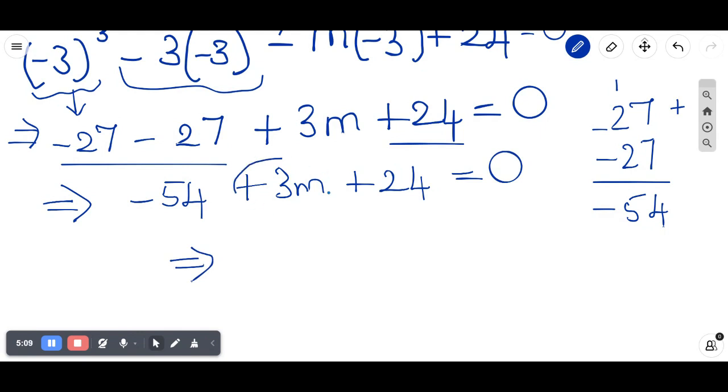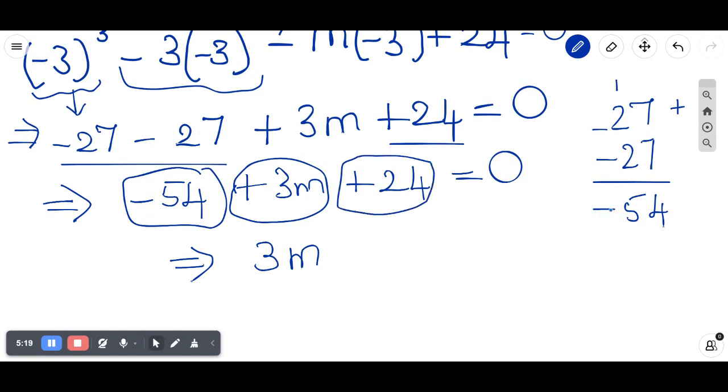Keep this 3m as such because we can't do any manipulation with 3m. Now minus 54 and plus 24: the signs are different, so you have to subtract. 54 minus 24 is 30, so that will be minus 30 plus 3m is equal to 0.